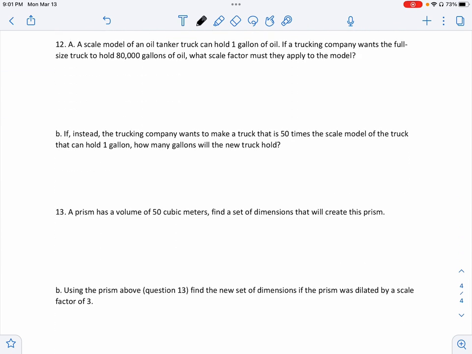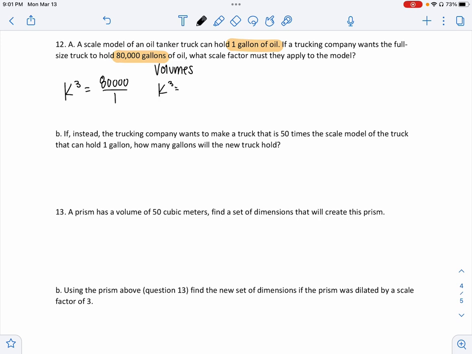A scale model of an oil tanker truck can hold 1 gallon of oil. If the trucking company wants a full-size truck to hold 80,000 gallons of oil, what must they apply for the scale factor? So these are volumes, because gallons is already a cubic measurement. So to find the scale factor, I know that k cubed equals 80,000 divided by 1.